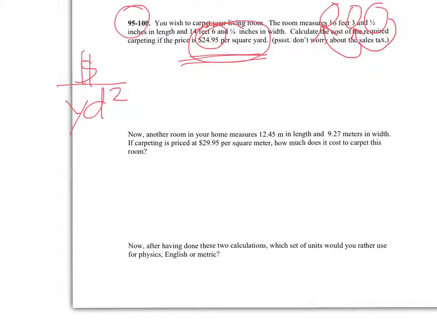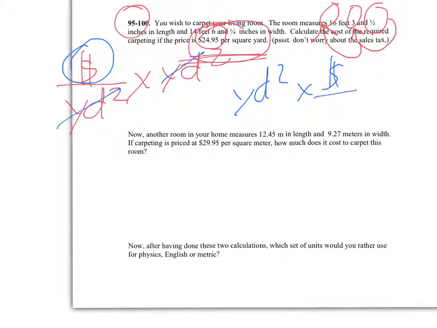So in order to get that answer, you're going to have to multiply that by the number of square yards so that they cancel and leave you with just dollars. I'd suggest that you solve for the number of square yards first and then multiply by the dollars per square yard when you're done. That would be the easiest.